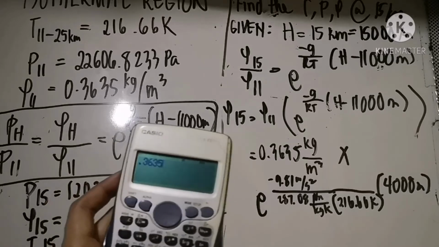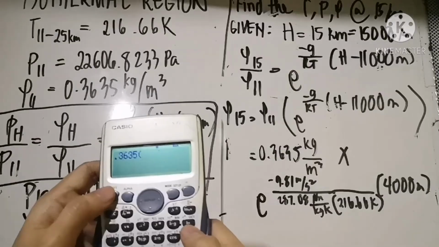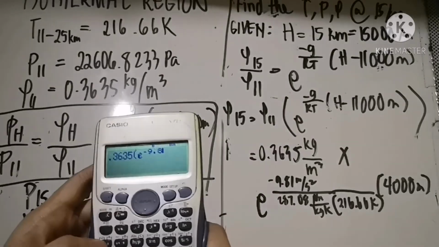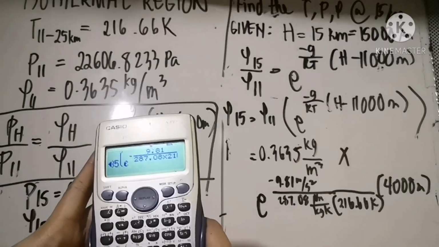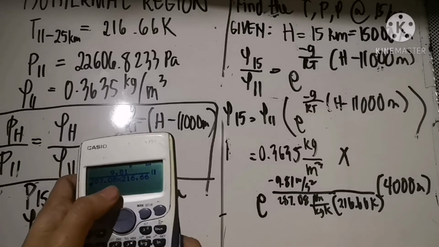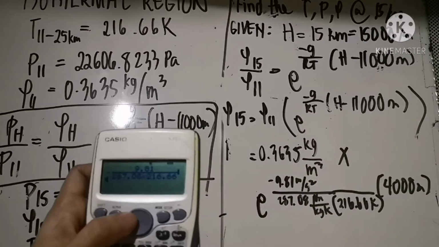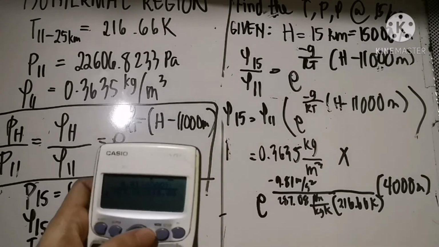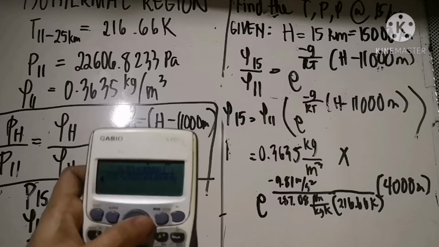So 0.3635 times e raised to negative 9.81 over 287.08 times 216.66. You can put the 9.81 and this one next to each other since they are both multiplied, times 4,000, and then add the last quantity.